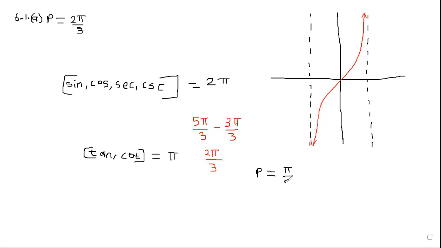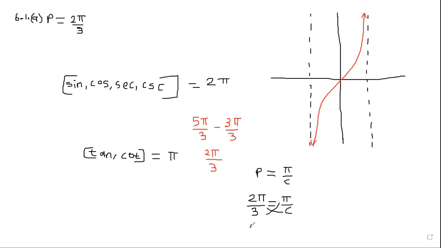C is the number next to x, actually. So we know the period. The period is 2 pi over 3. So let's substitute 2 pi over 3 for period, equal to pi over C. Let's cross multiply.